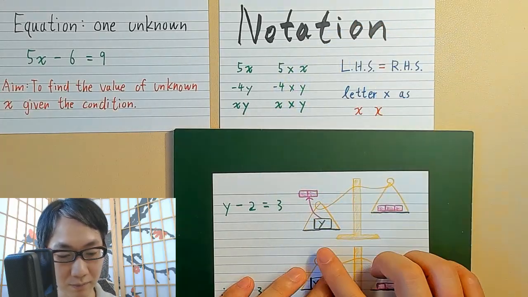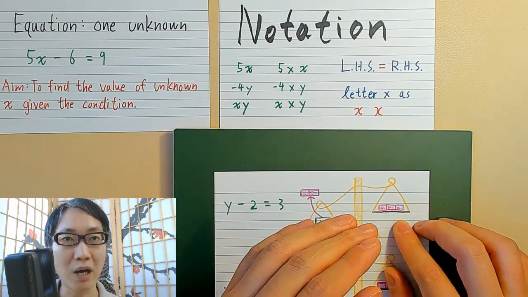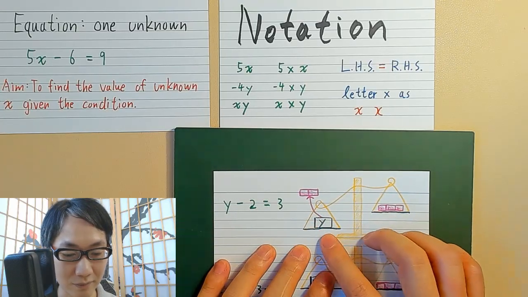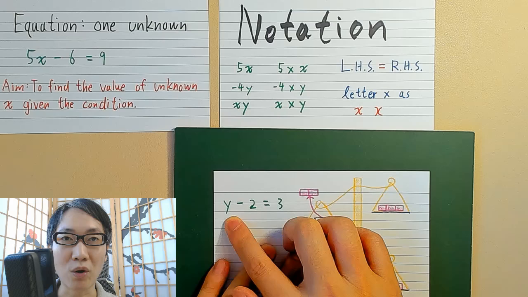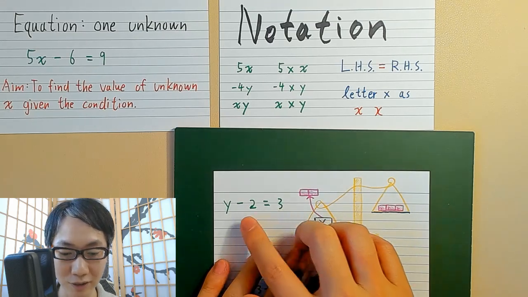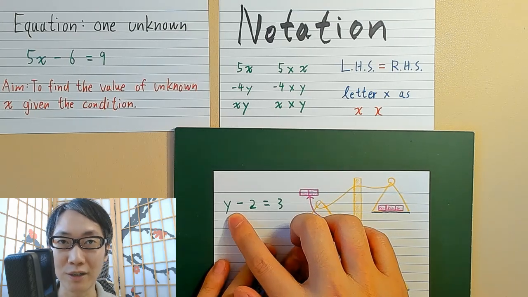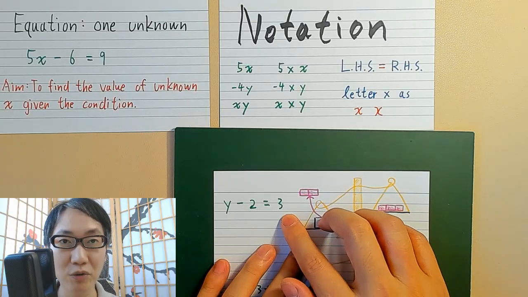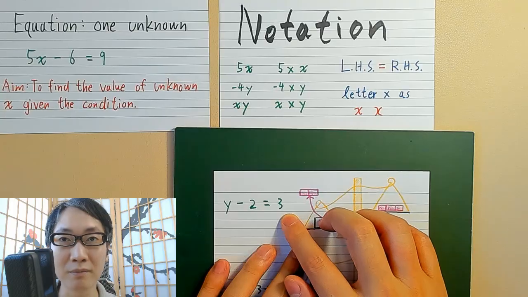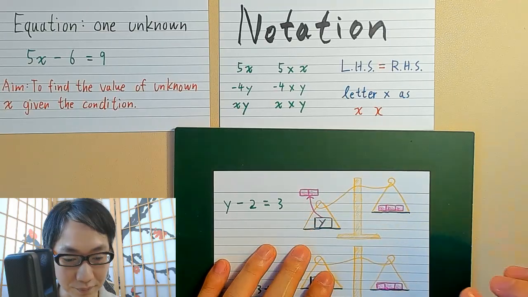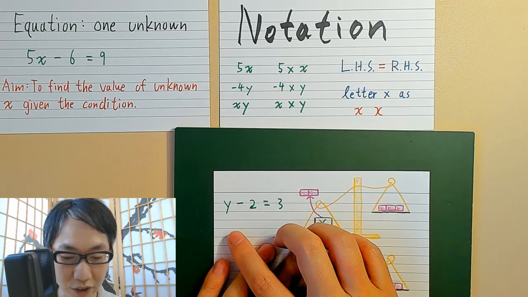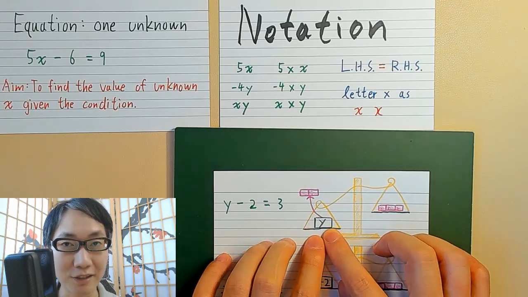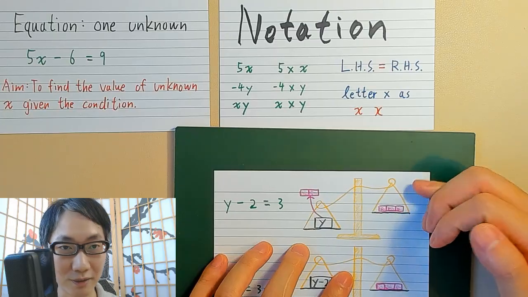Before this happens, we see that the y side, the left hand side, sinks. y should be larger than 3, right? Because if we take away 2 from y, then the left hand side will be equal to 3. So y is more than 3, as you can see here. The left hand side sinks and this side rises.